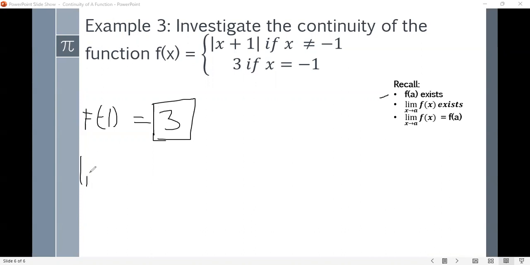So, meron tayong the limit of absolute value of x plus 1 as x approaches negative 1 from the right. Since from the right, lahat po ng values from the right. So, try ko lang po i-apply.